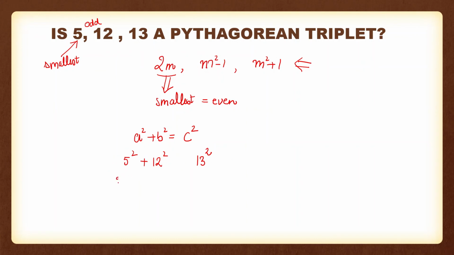So 5 square is 25, 12 square is 144, 13 square is 169. 25 plus 144 gives you 169, which is equal to 13 square, which is c square. Hence, using Pythagoras theorem, we can say 5, 12 and 13 is a Pythagorean triplet.